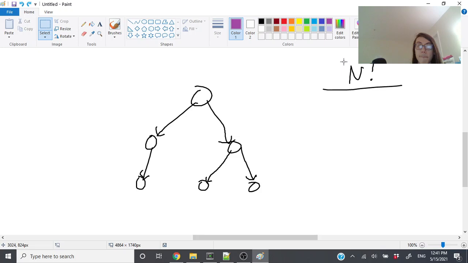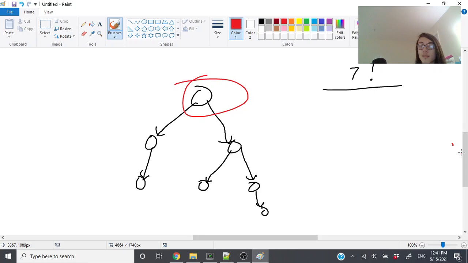So in this case, draw another node. In this case, every permutation works except for the ones where this is not the largest element. So really that means that for every permutation, this has 7 possible positions it can be in.